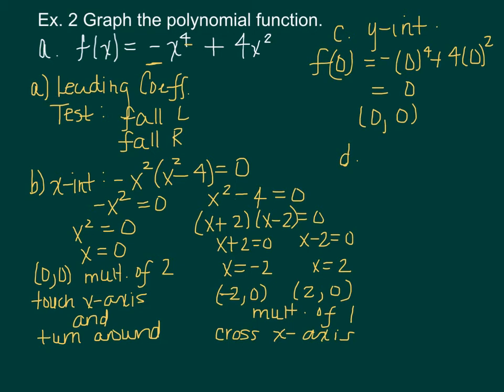Then you're going to find out if this has y-axis symmetry, origin symmetry, or neither. And usually the evens have the y-axis symmetry, but you plug in negatives for all the x's.